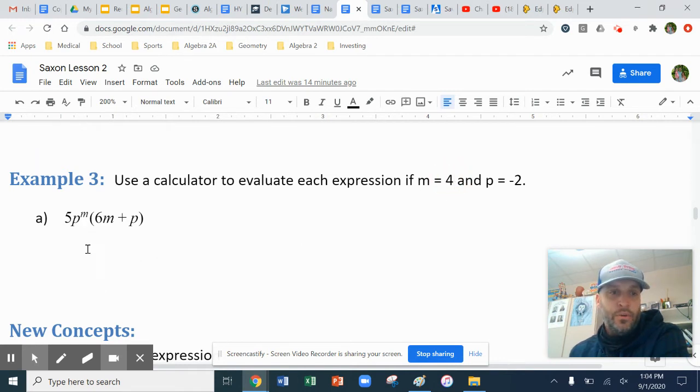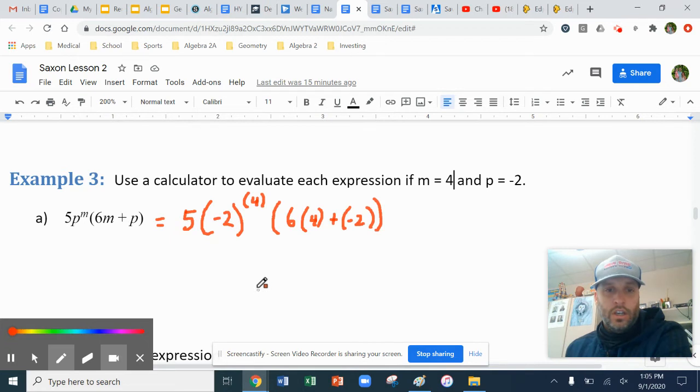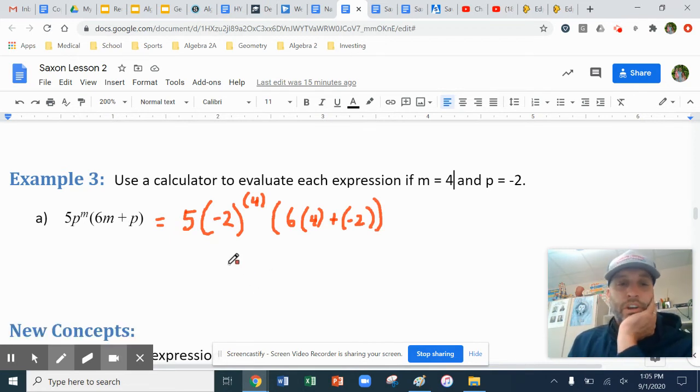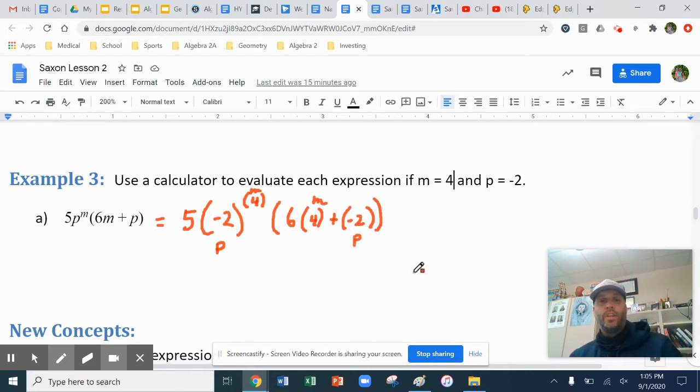So you will see that when I start to replace each variable with its number. So now I've got each number in for its corresponding variable. So just to recap, here is my p, up here is my m, there's my m, and there's my p. So there I will see all those numbers put in for each variable.